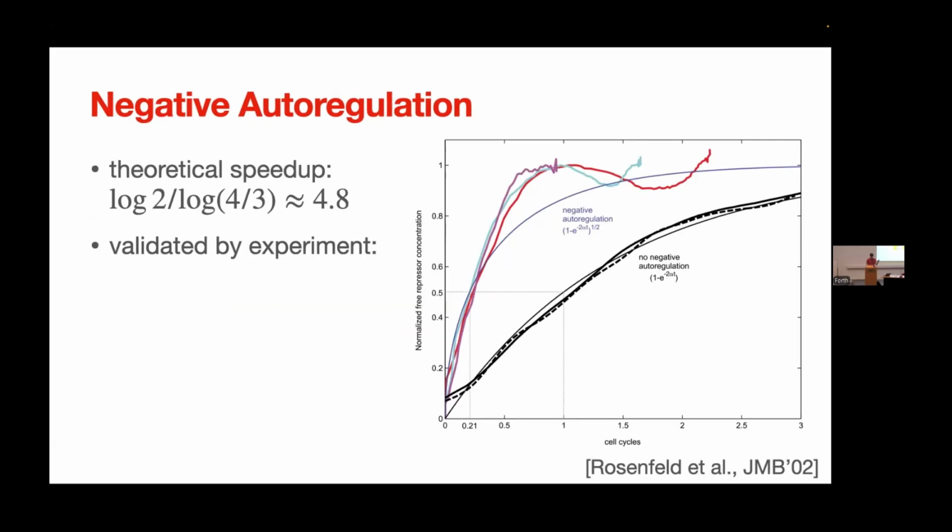You just have one gene, and the gene turns itself down. It speeds up in a relative sense. So it gets faster to 90%. The 90% might be lower, but relatively speaking, it's faster. You can work out the math. It's actually kind of nice to do that. So this explains negative autoregulation.